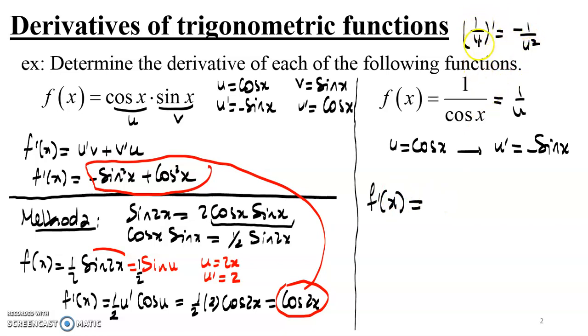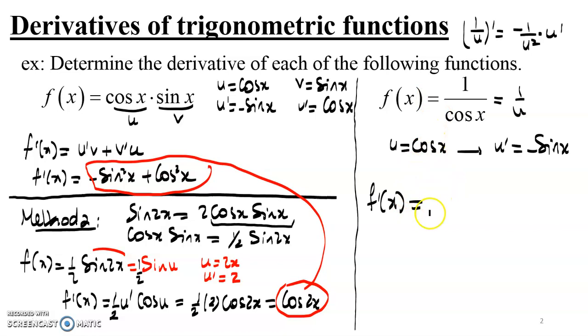So over here, it's in the form 1 over u. So the derivative is negative 1 over u squared. However, if u is the variable of differentiation, in that case, the derivative would be negative 1 over u squared. However, if u is a function of x, according to the chain rule, this should be multiplied by a u prime.